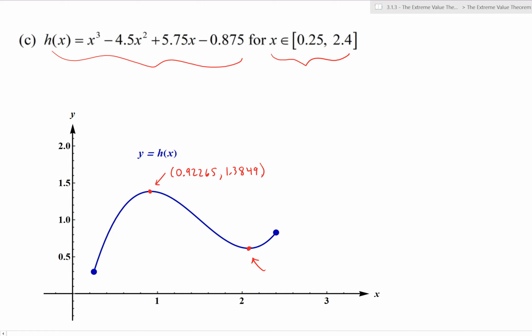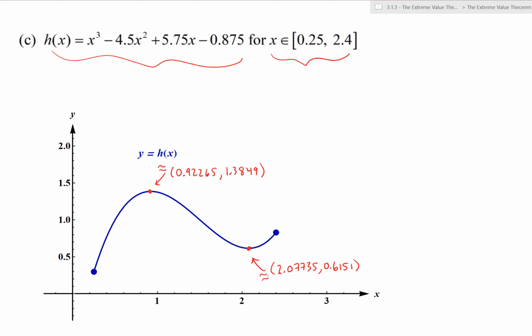The local min further to the right ends up being the location approximately 2.07735, comma, 0.6151. Now those are just approximations, but they're close enough. Now, those are the local extrema for this function over this interval.